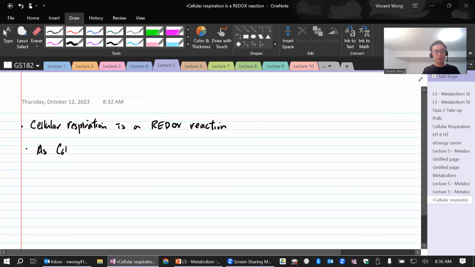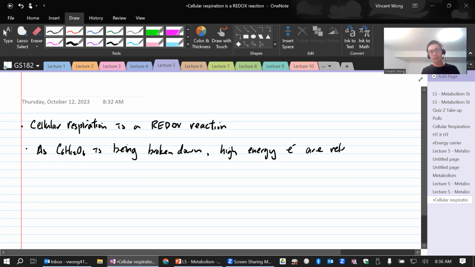As glucose is being broken down, high energy electrons are released and captured by energy carriers like NAD plus and FAD.